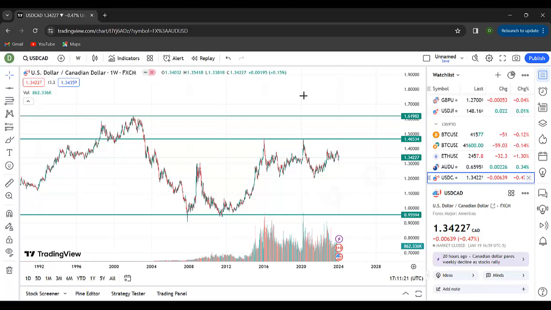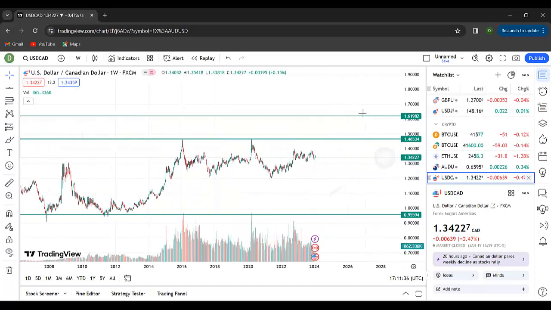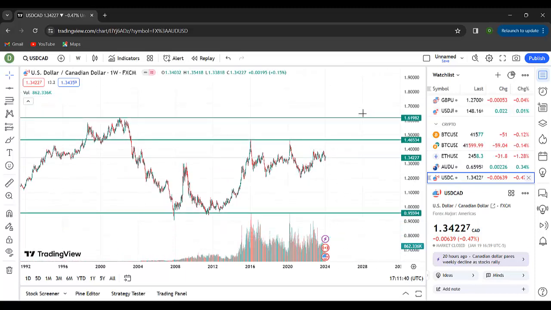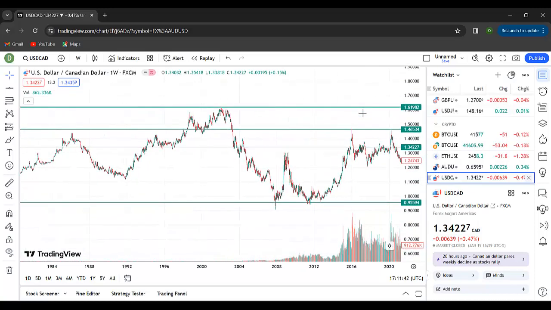So price will most likely come to this zone or even break it in the future. But let me see.